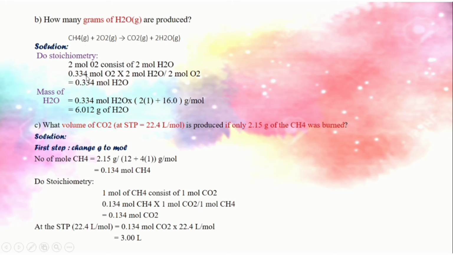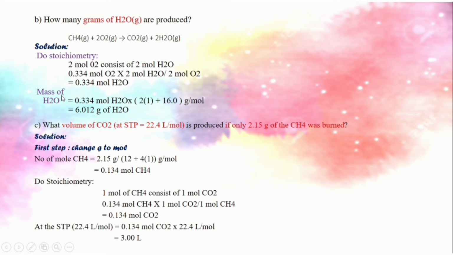So 0.334 mole of oxygen multiplied by 2 mole H2O divided by 2 mole of oxygen. We can cancel the mole of oxygen, and the 2 here and 2 here cancel. So we got the number of mole of H2O, which is 0.334 mole H2O.